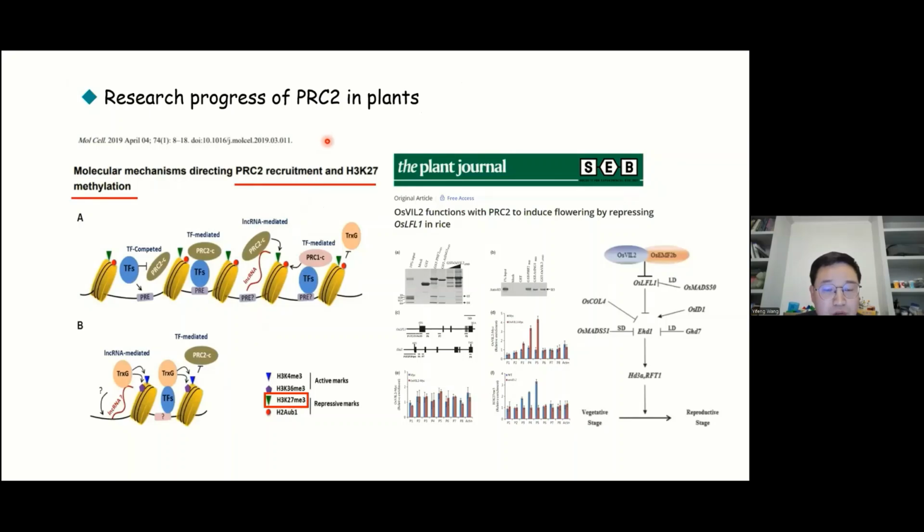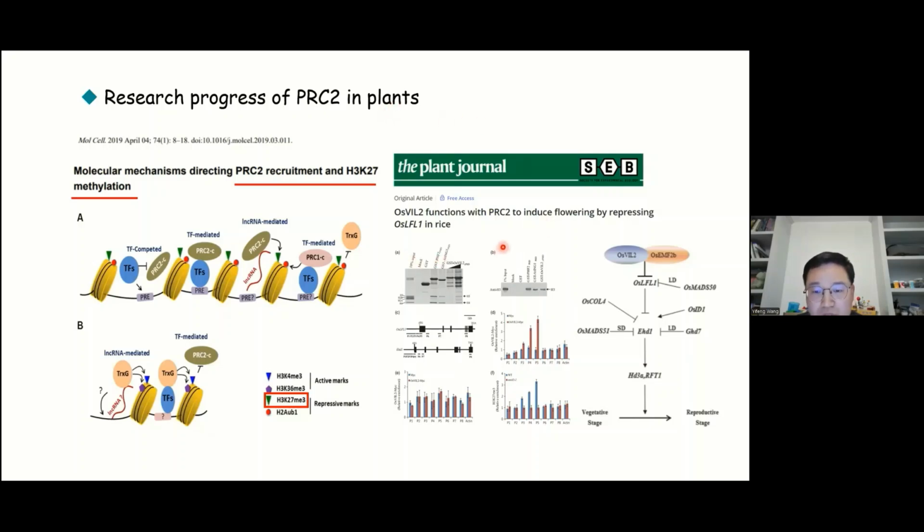The PRC2 works mainly based on H3K27 methylation to repress downstream gene expression. And this complex is very important in regard to flowering.